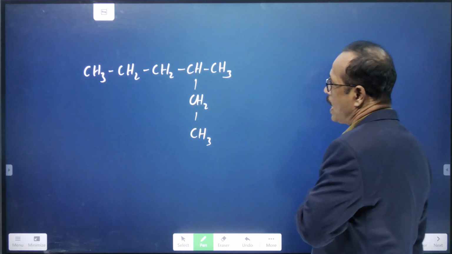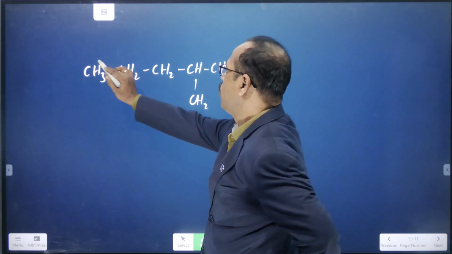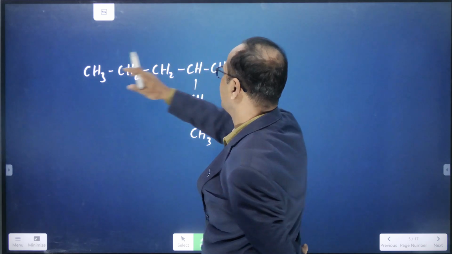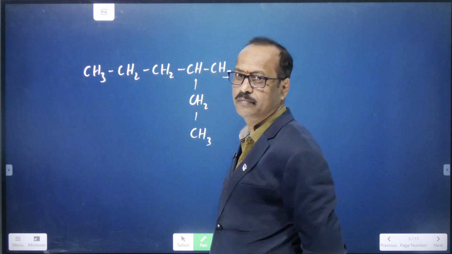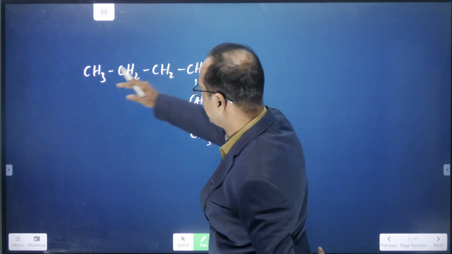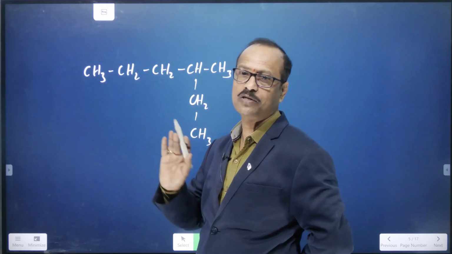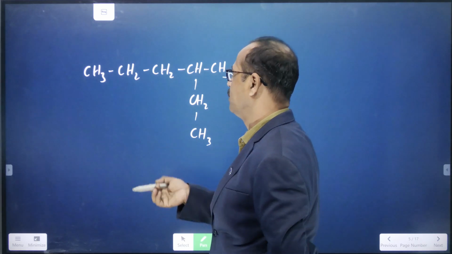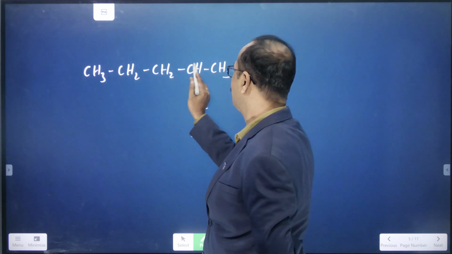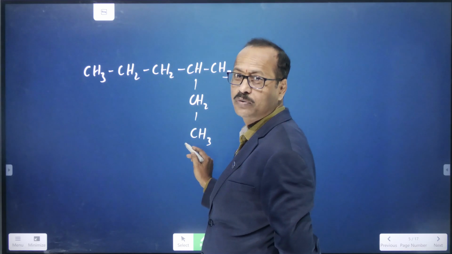Now if I count in a straight line, 1, 2, 3, 4, 5, in this chain I am getting only 5. If I count from here, 1, 2, 3, 4, 5, also 5. Okay, I will go another way, 1, 2, 3, 4, 5, 6. Here I am getting 6.